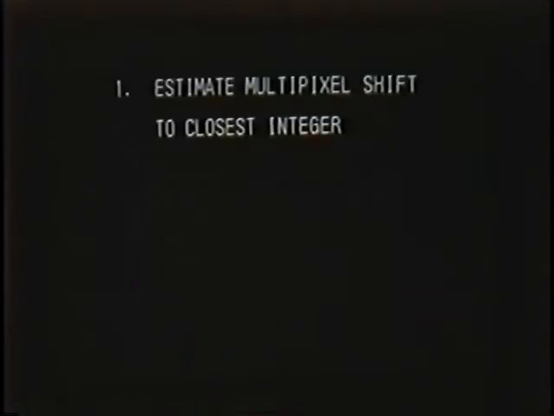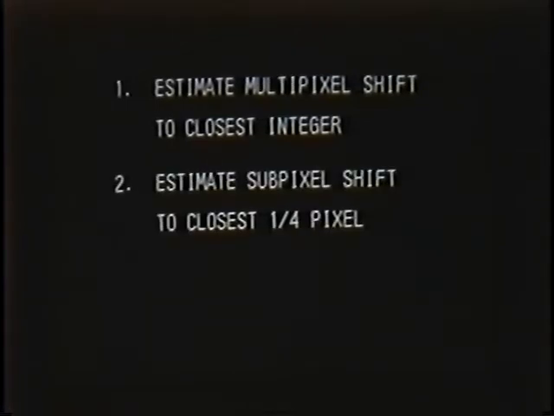Background stabilization uses a 3-step process to estimate the jitter. First, it estimates the multi-pixel shift to the nearest pixel using a method called shift and correlate. Second, it takes the result of the multi-pixel shift calculation and uses a combination of bilinear interpolation and, again, shift and correlate to refine the estimate to the nearest quarter pixel.